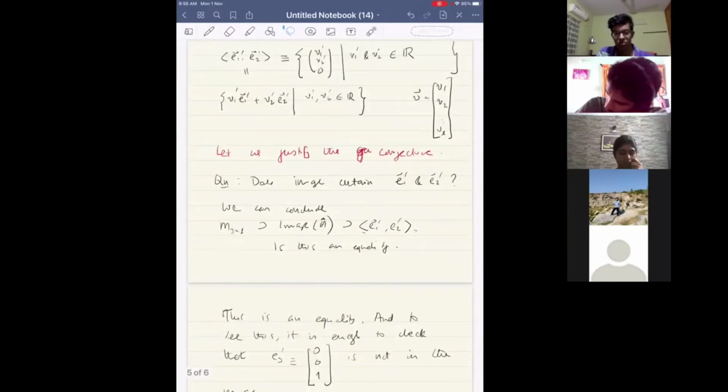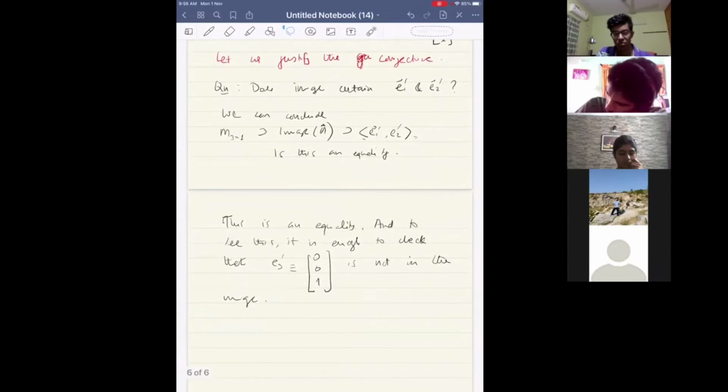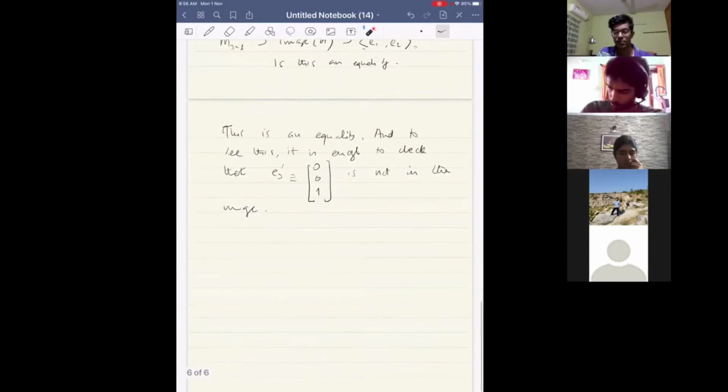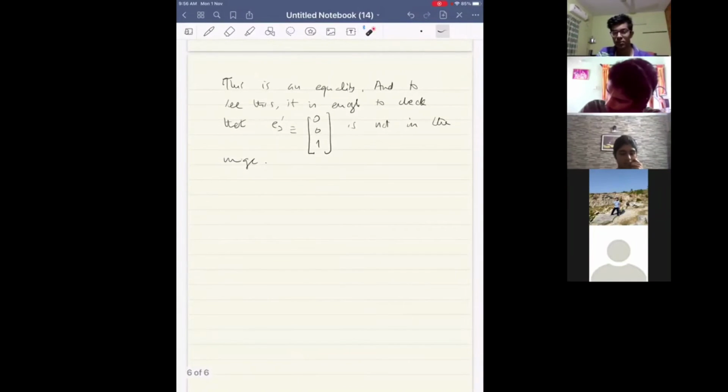Okay, we have reached here. Now I want to claim this is an equality. This argument was indeed correct, and in fact we can go that way, but I'm going to say the following.